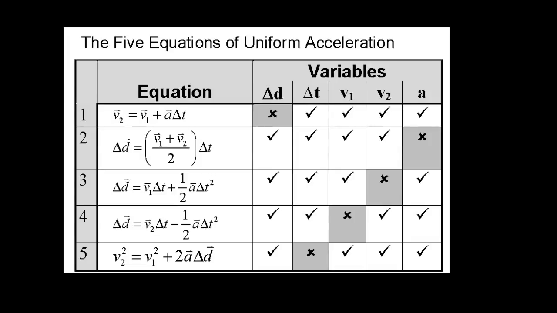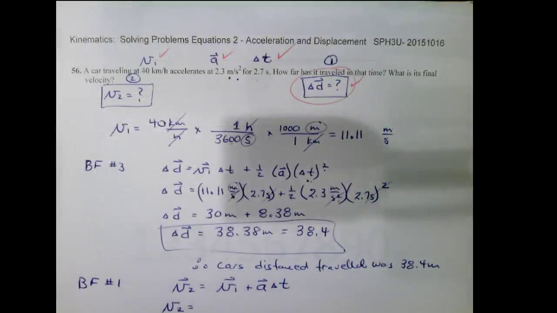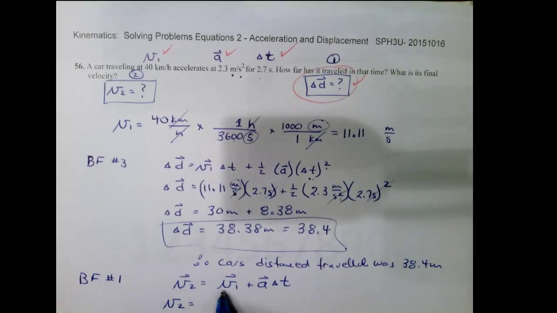From the big 5, equation number 1, v final equals v initial plus a delta t. So v2 equals v1 plus a delta t.